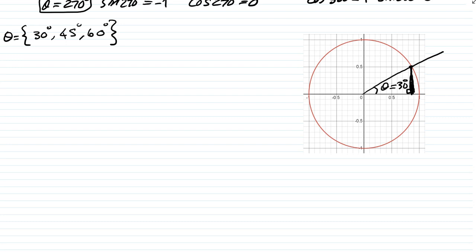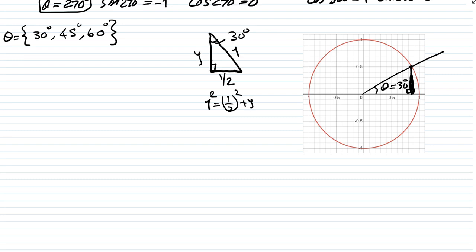geometry, not trigonometry. From geometry, what we know is that the side opposite the 30 degree angle is 1/2 the hypotenuse. So if the hypotenuse is 1, this is 1/2. And then we also know the Pythagorean theorem: the square of the hypotenuse equals the sum of the squares of the other two sides.